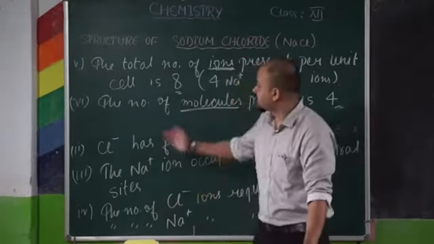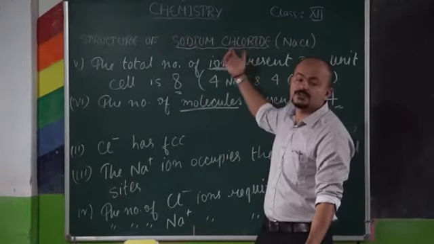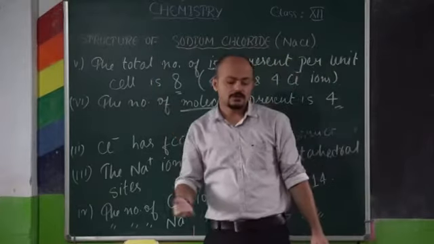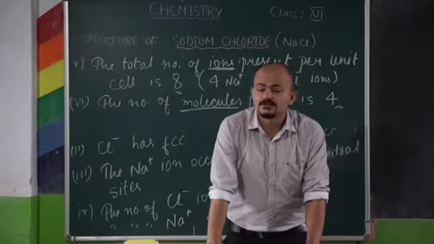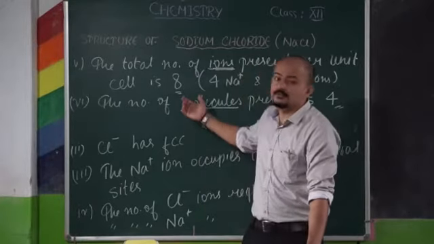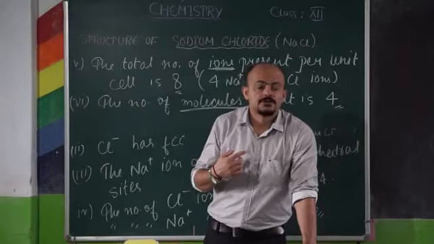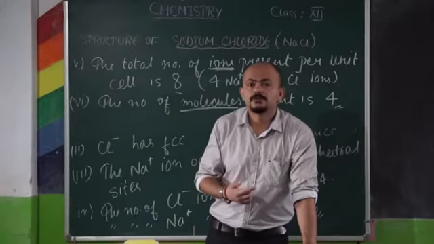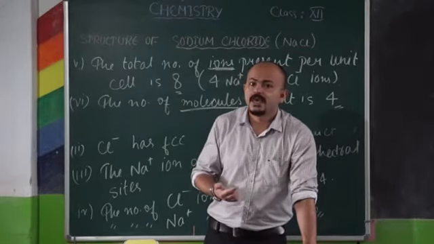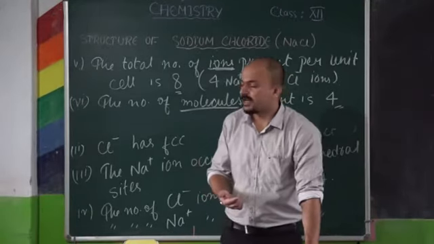So these are the certain facts that you have to remember about sodium chloride. This structure is also known as rock salt structure. Examples of such type of structure also occur in silver fluoride, silver bromide, ammonium chloride, etc. There are more examples in your book. You can have a look at that.